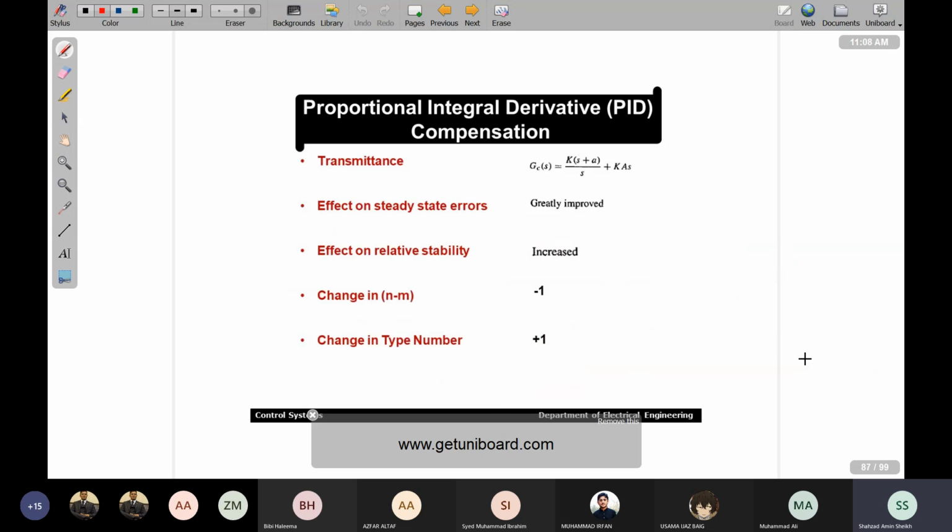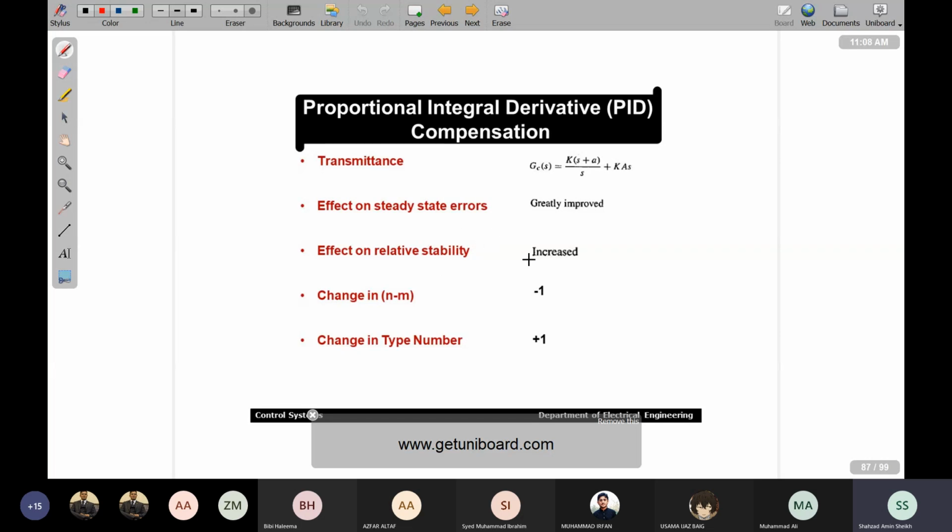Okay, let's move to the final of the series, which is proportional integral derivative compensation, and the transmittance in this case is shown: we are introducing a zero at s is equal to minus a, and at minus 1 over a. Two zeros are being introduced here, and a pole is introduced at s is equal to 0. So steady state errors, the effect on them is greatly improved.